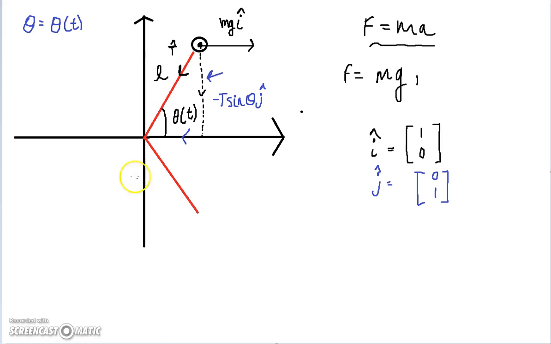And this vector here is negative T cosine theta i hat. Hopefully it should make sense why that's true.